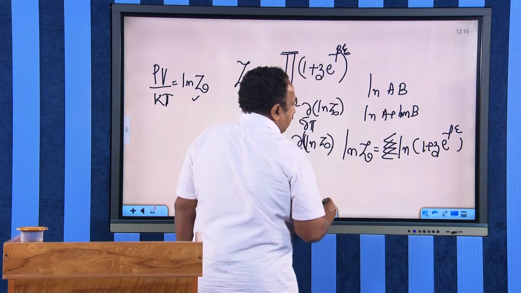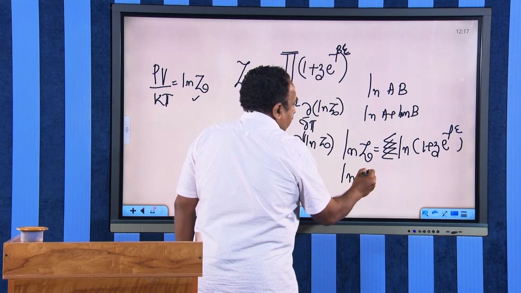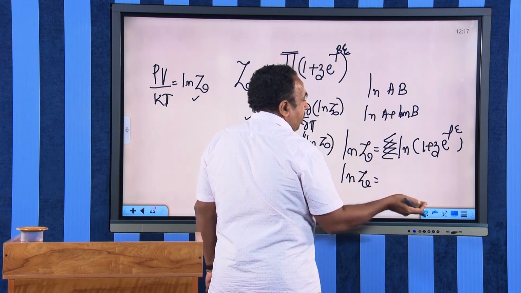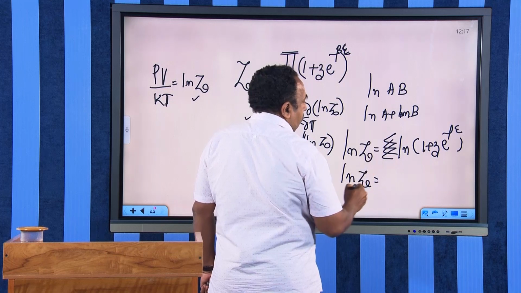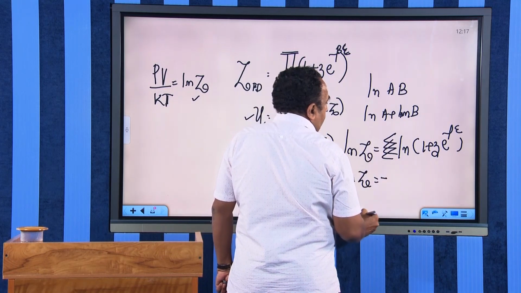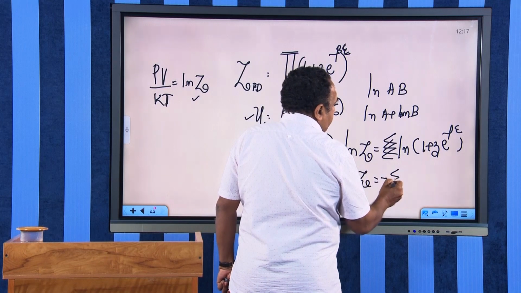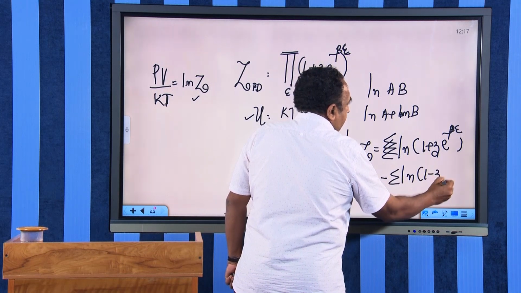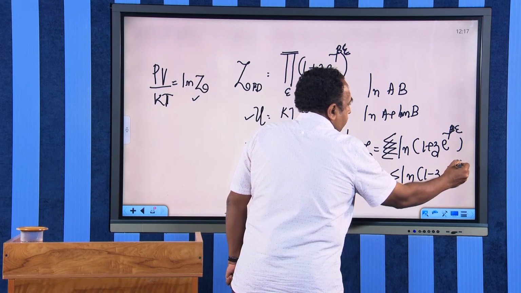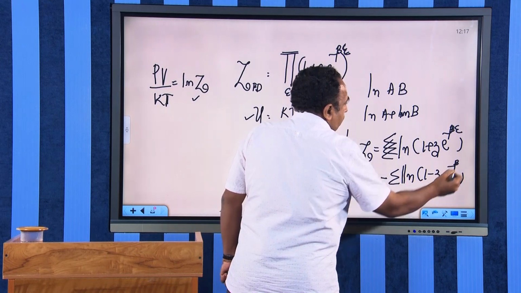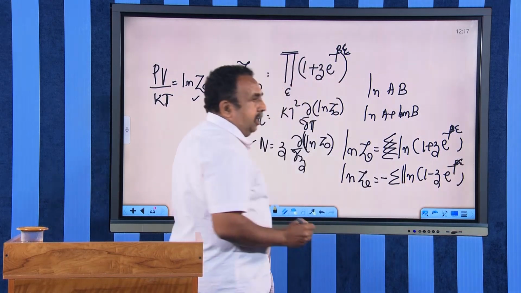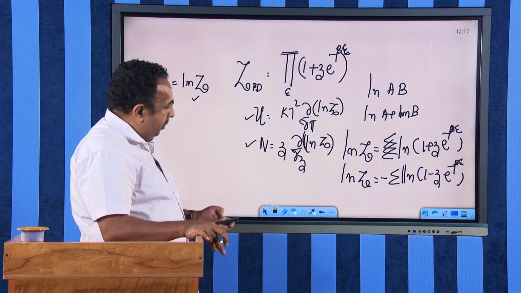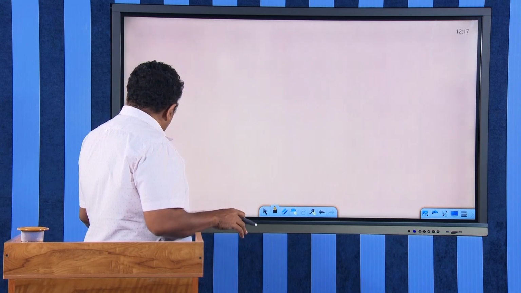For Bose-Einstein, since 1 divided by the product appears, log Z will be minus the sum of log of 1 minus z e raised to minus beta epsilon.